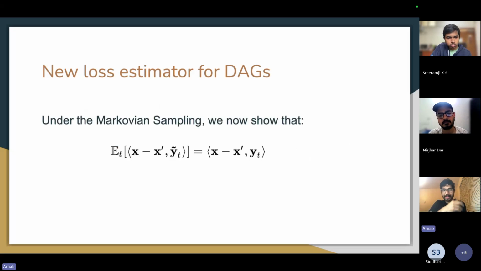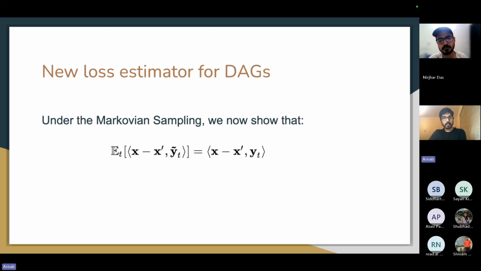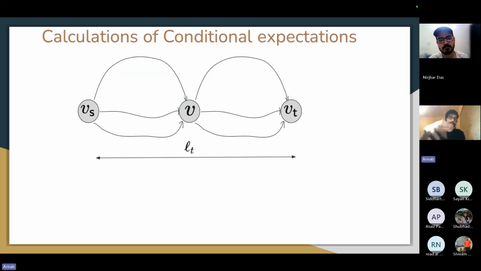So under this Markovian sampling that I was just describing, I'll try to show this. I'll be doing some simple calculations based on conditional expectations. First, consider the event that a path is passing through node V, so it contains the node V. I want to do a simple analysis of how the total loss decomposes.